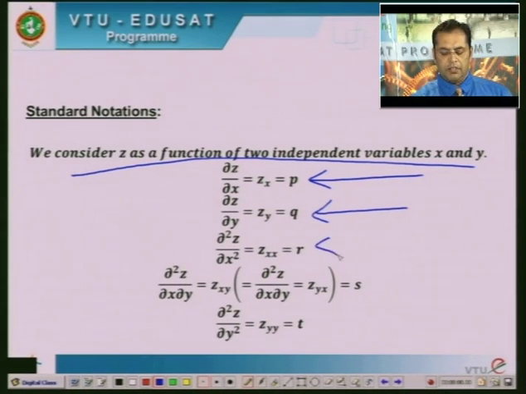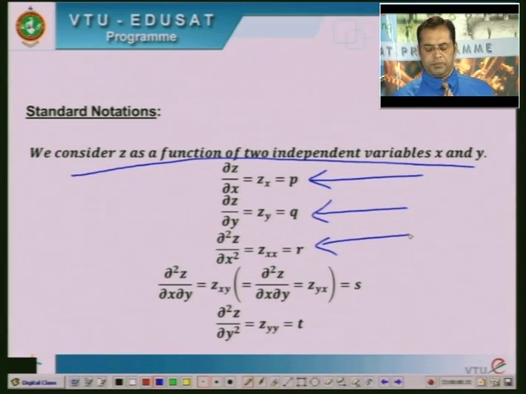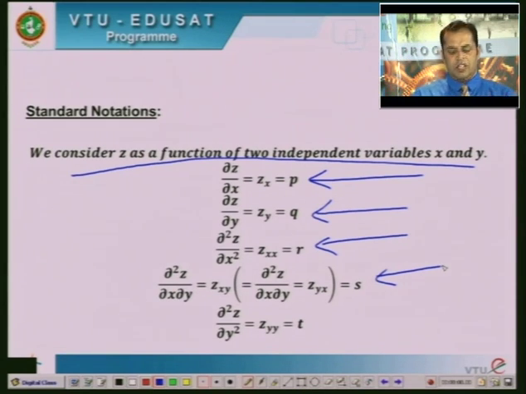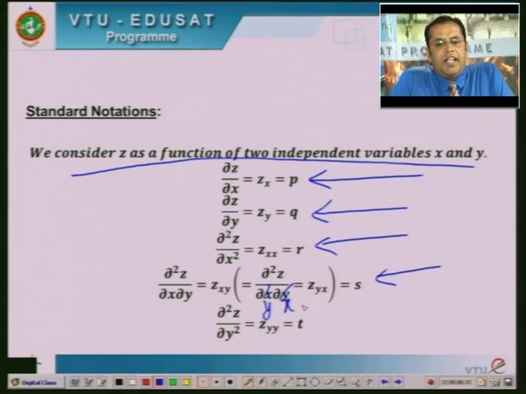Then, for the second order derivatives, dou square z by dou x square, which is zxx, is denoted by r. Then, dou square z by dou x dou y, which is by notation zxy, and as you know, friends, it is also the same as dou square z by dou y dou x, which is zyx, that is equal to s.